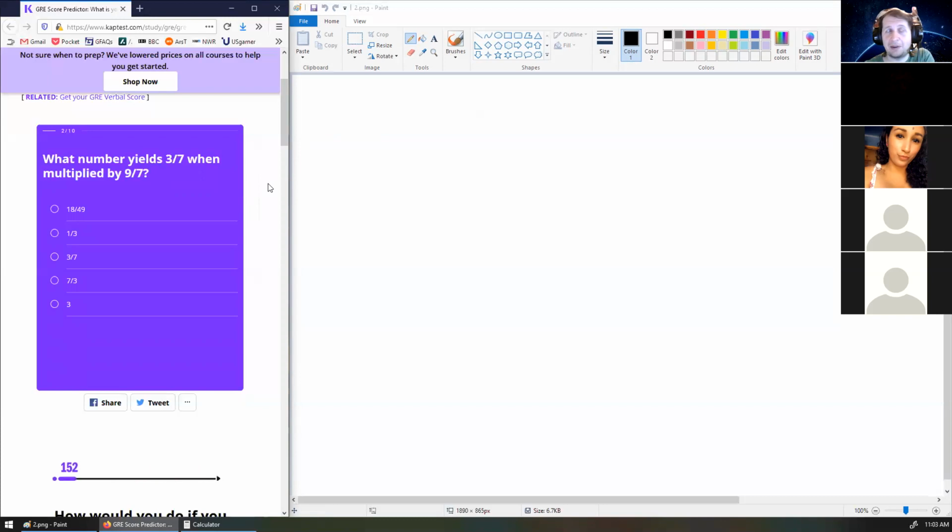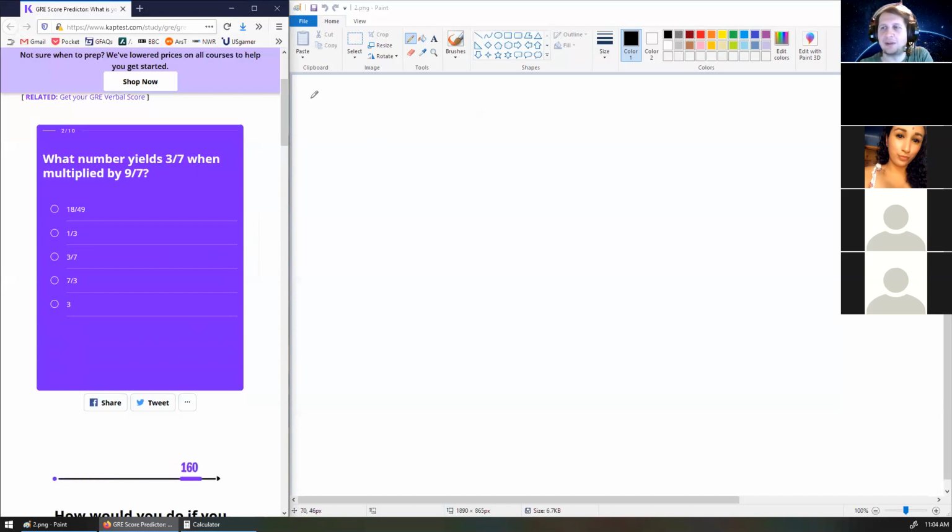If you're looking at a GRE problem and thinking I'm just going to try running these numbers and figuring out what is best, try and start with the simpler answers. Things like 3 1/3. Don't do 18/49 first, because that's going to take a lot longer, and if it's wrong, then oh well. You've wasted like a minute trying to do that multiplication that was pretty ugly. Try and do the simpler ones first.